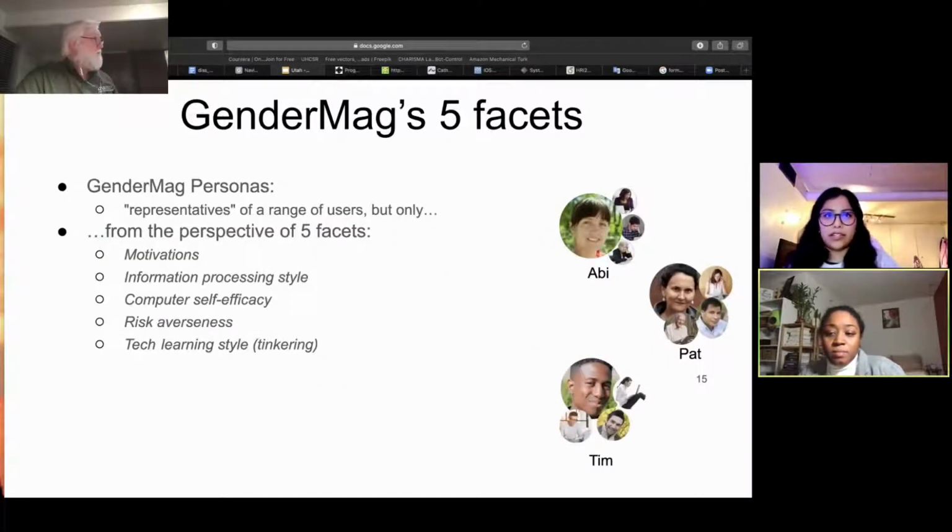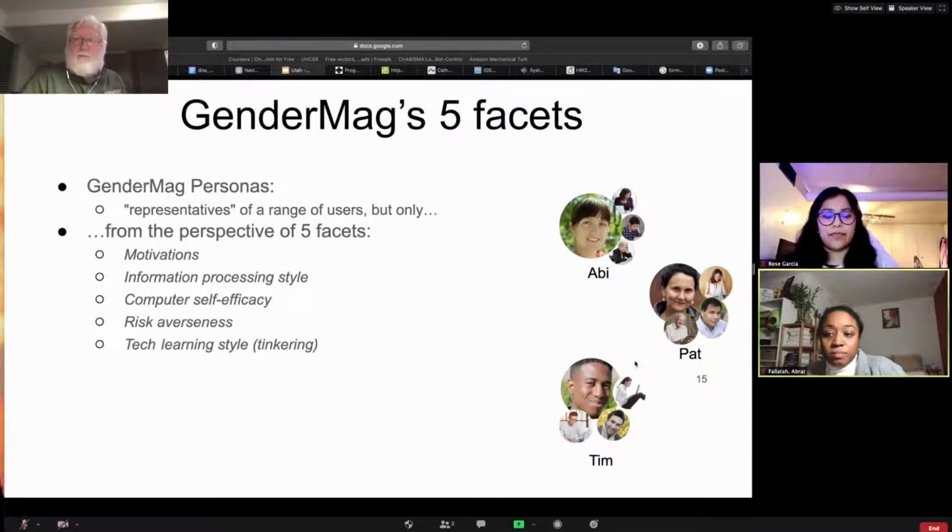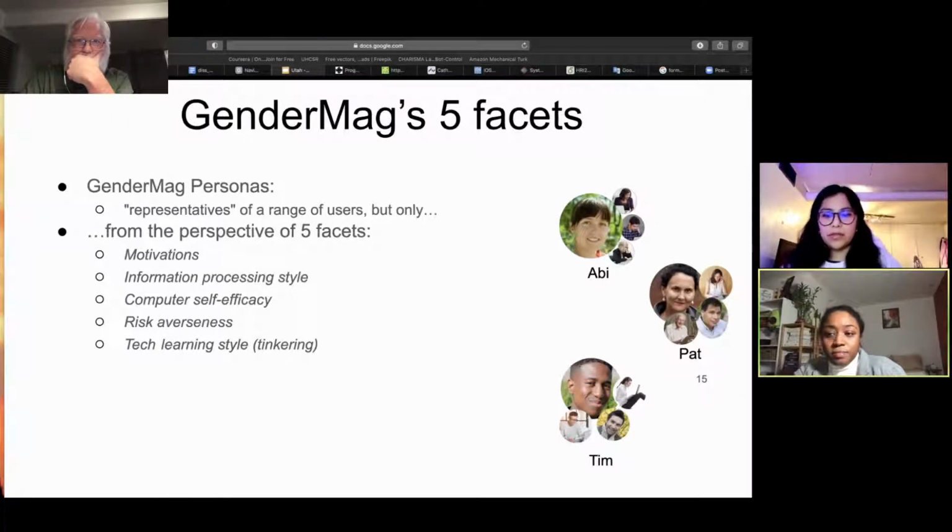The 5 GenderMag facets are how the personas represent a range of users. And these facets are motivations, information processing style, computer self-efficacy, risk averseness, and tech learning style. So the reason we have these particular facets is based in a lot of research and a lot of data from a lot of different studies.